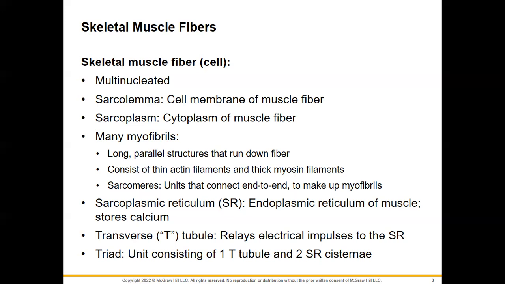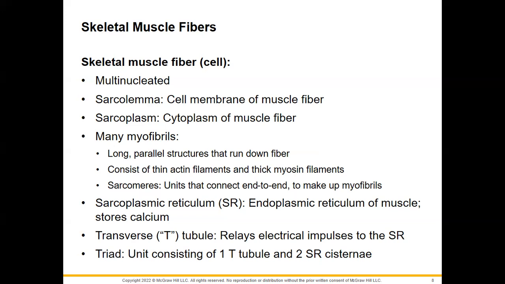Each myofibril is arranged in sarcomeres. A sarcomere is the unit that connects end to end that makes up your myofibril. So the sarcomere is the smallest unit of contraction in each muscle fiber.